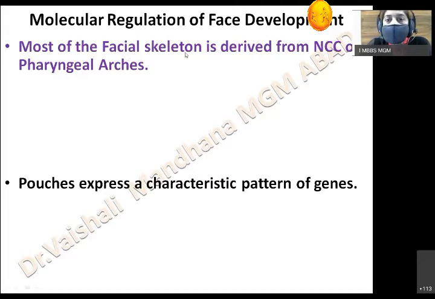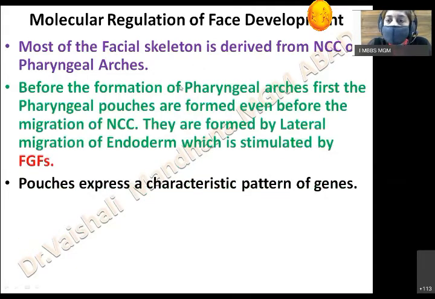So molecular regulation of the arch is by the pouch. Before the formation of the pharyngeal arches, pharyngeal pouches are formed even before the migration of the neural crest cells. And they are formed by the lateral migration of the endoderm. If you remember the figure, the pouches are a lateral migration of the endoderm.